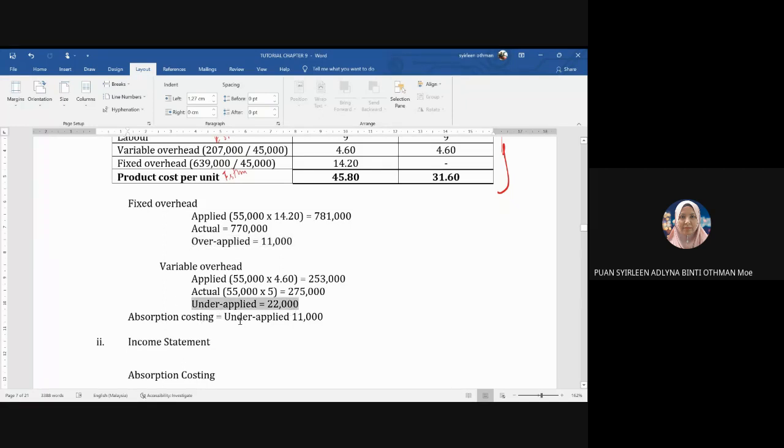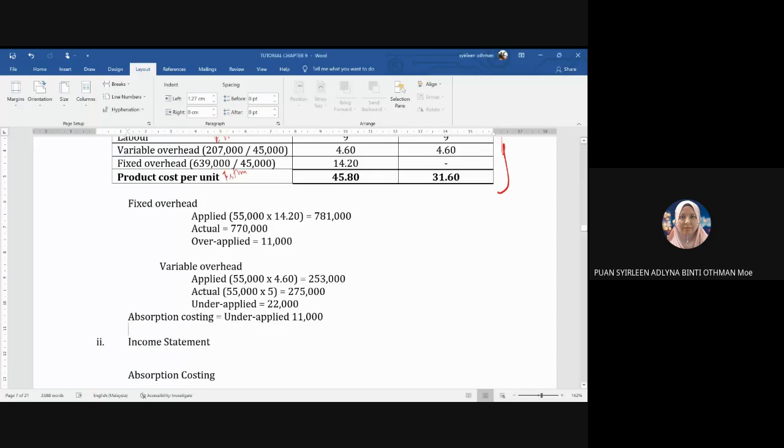So dia akan jadi under applied by 11,000 kan. Okay. So untuk absorption nanti kita akan tambah 11,000. Tapi untuk variable nanti, untuk variable pun sama. Kita akan tambah 22,000. Yeah.